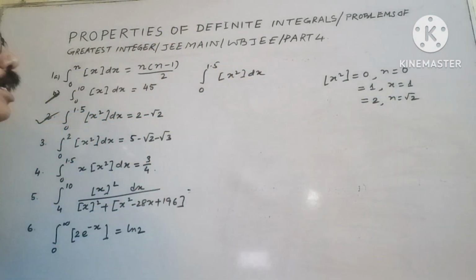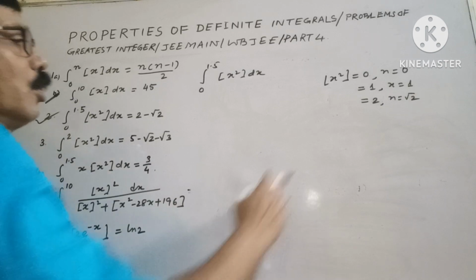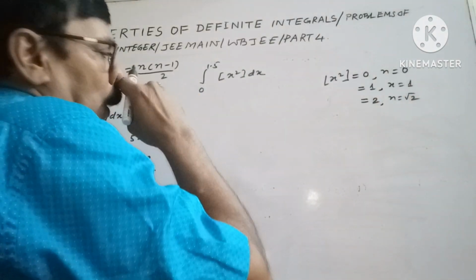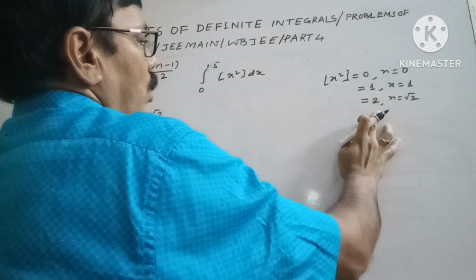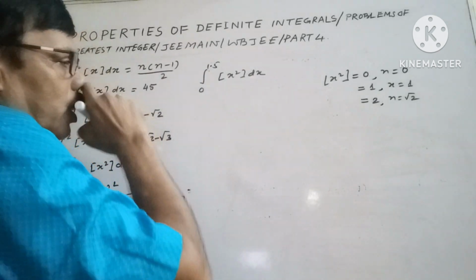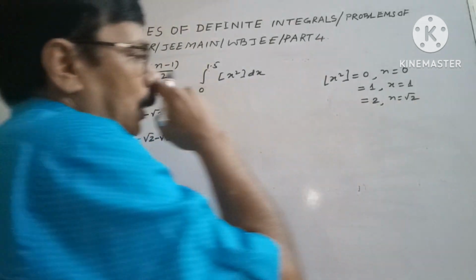So, this is 2, at x equals root 2, because root 2 square is 2. Now root 3 square is 3. But root 3 is greater than 1.5, so no need of taking root 3.